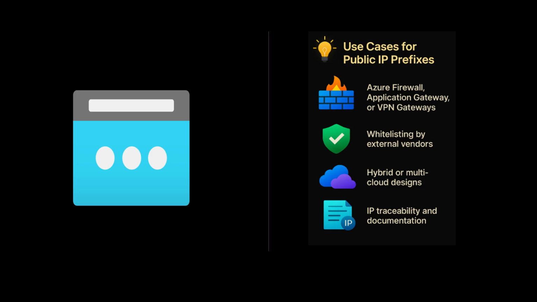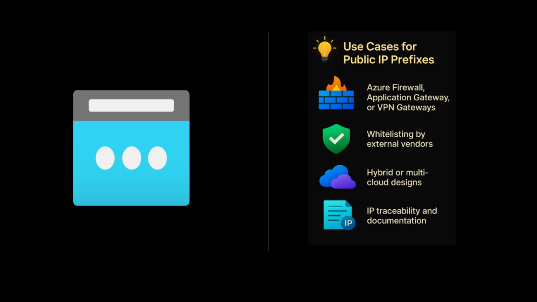Go too big and you waste address space. Too small and you might limit future growth. Always use tags and clear naming conventions to keep track of where each IP is assigned, especially in large environments. To stay ahead of issues, monitor usage through Azure Monitor and Defender for Cloud so you can spot anomalies and ensure availability.